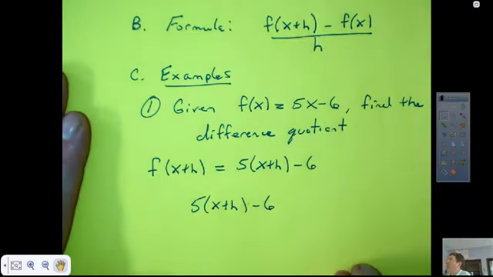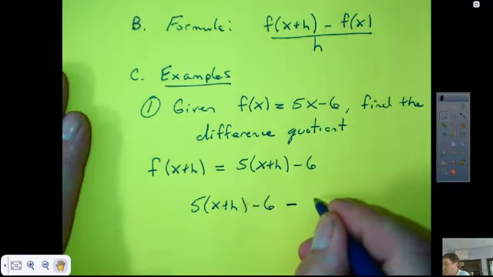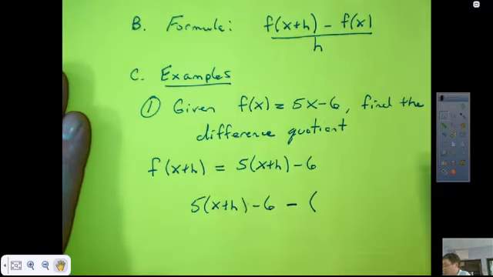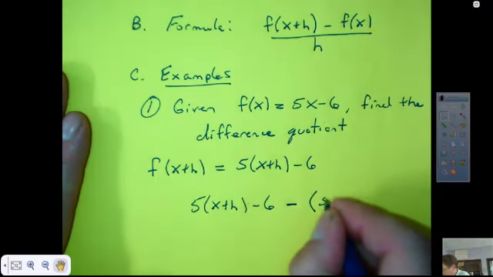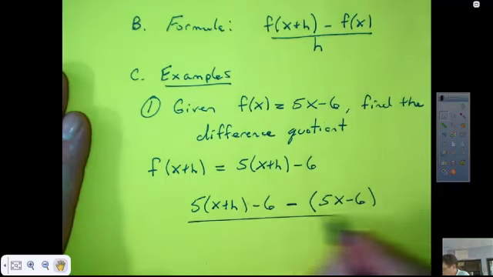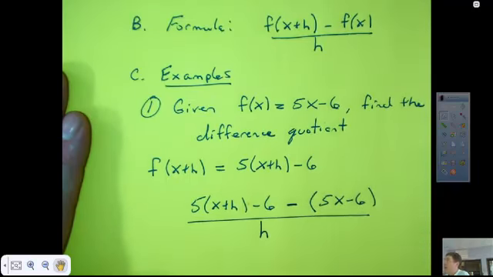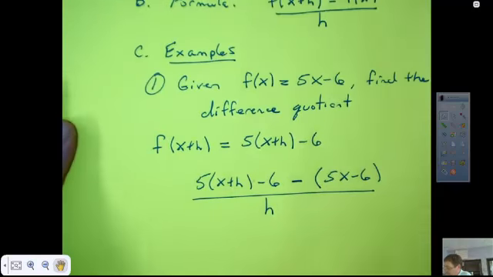What do I subtract from that? Minus f of x. Put that in parentheses, because I'm going to subtract all of it. What's f of x? 5x minus 6. Divide everything by h. When you do the difference quotient, a lot of things should simplify. Now the next thing is to simplify.